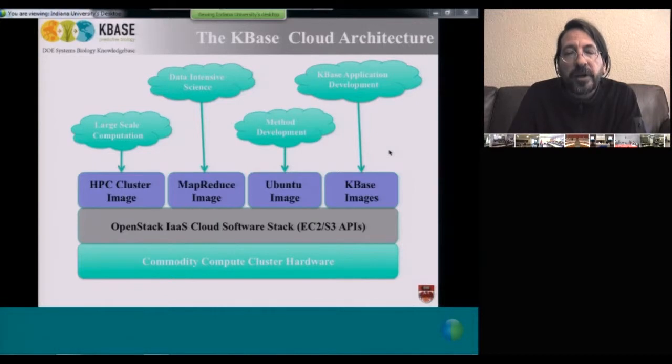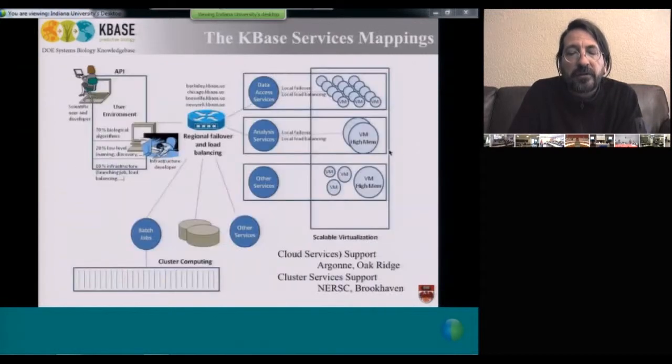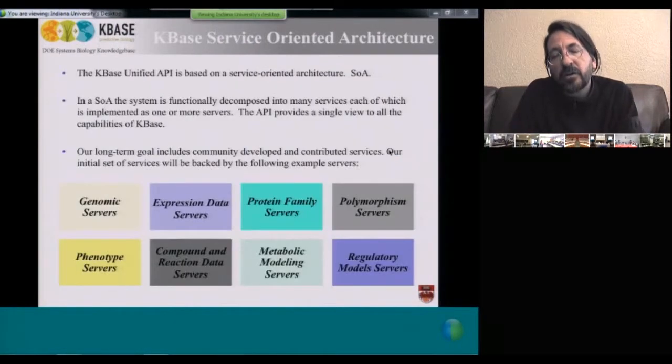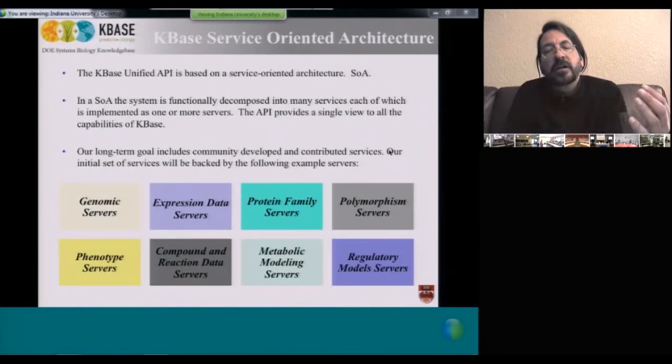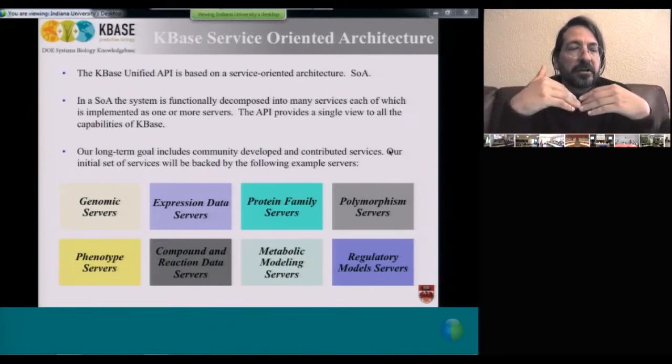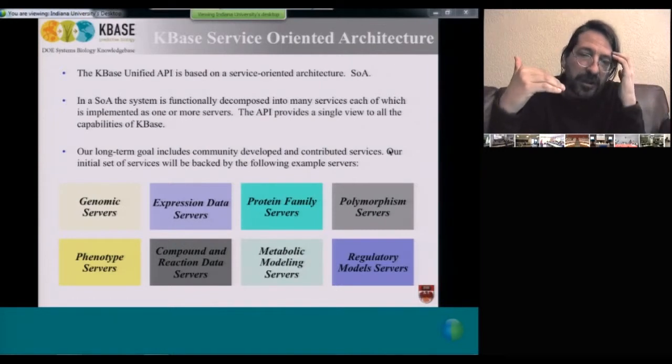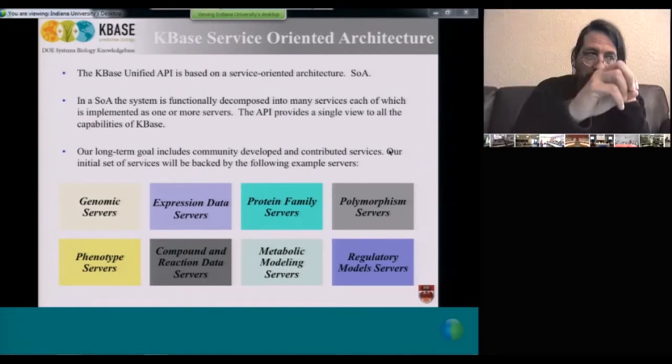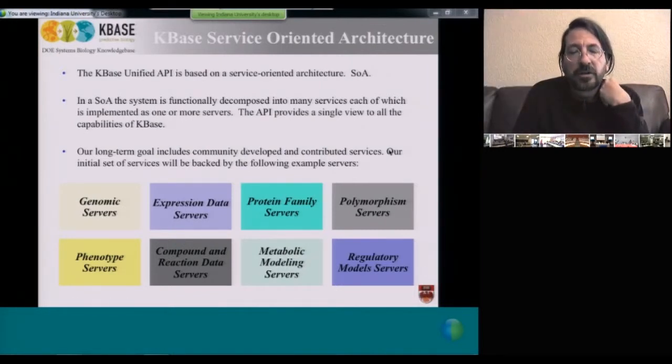Next slide. I talked about the service-oriented architecture. I think you probably have a sense of what that is, but imagine a whole set of servers whose collective existence supports the API, and we have a dispatch mechanism that routes a particular call to a particular server, and load balancing mechanisms that manage that.